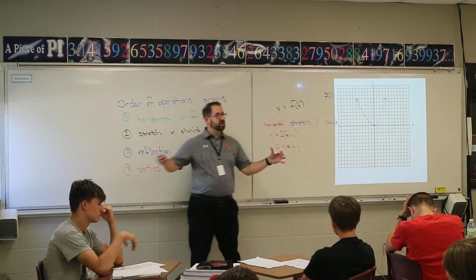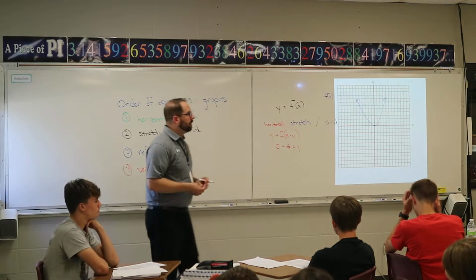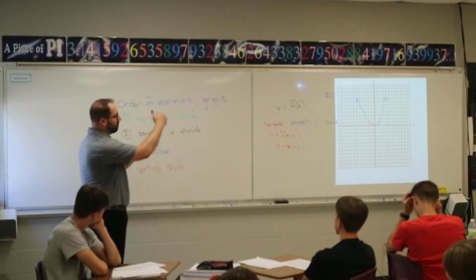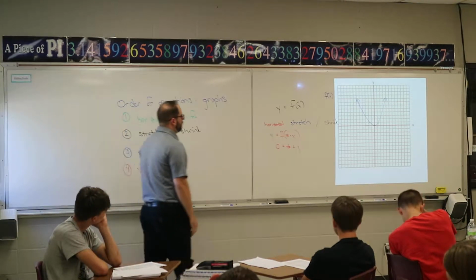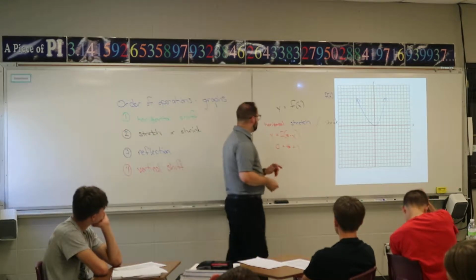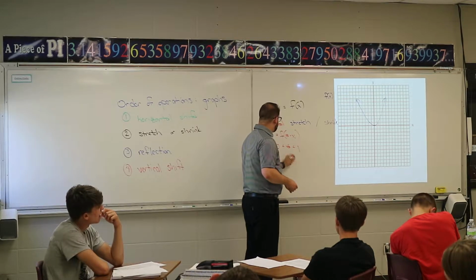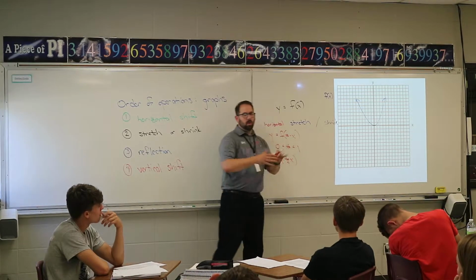That will stretch it horizontally. You saw it earlier. It looks like it's compressing when it could be stretching. Twice as long, you'd actually put a half in there. Half x. That would be twice as long horizontally.